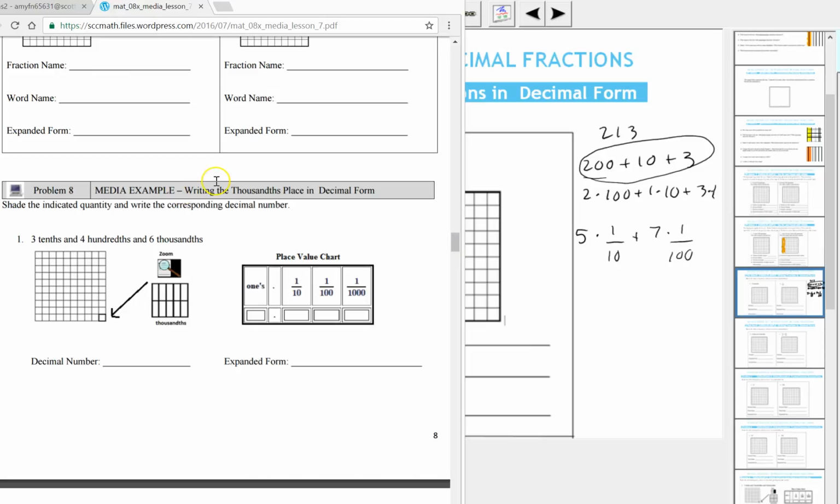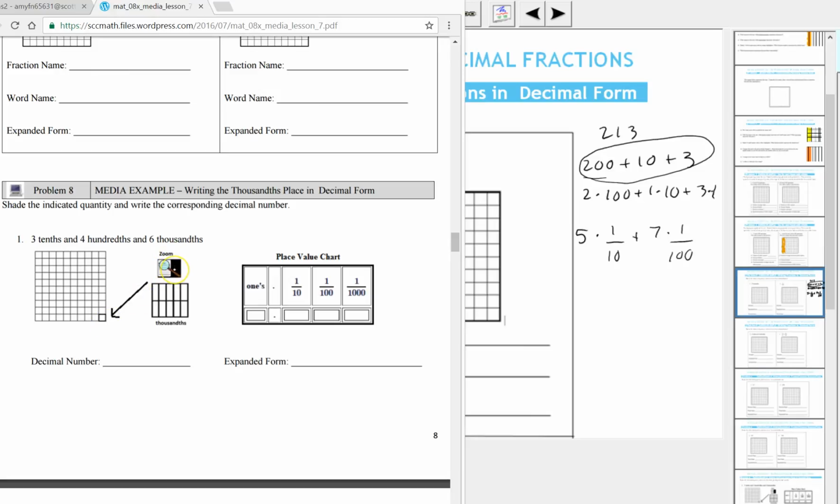And now we're going to extend this to the thousandths place. It's hard to think about. We really want them to understand the idea of relative size. The orange strip is 10 times as large as 1/100th. So how do we break this into 10 pieces to let them really see that?